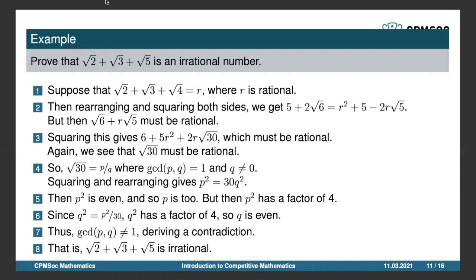So I guess the key steps here would be square and rearrange to get rid of the square roots, like Yasiru said, and look at the prime factors and the greatest common divisors. So that's using some number theoretic techniques there.